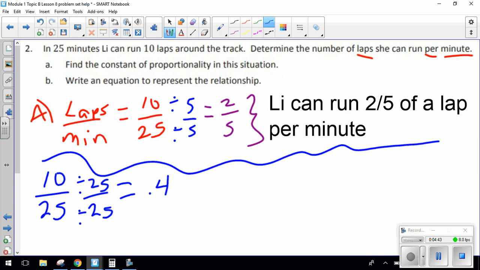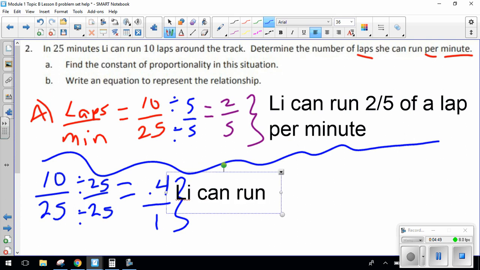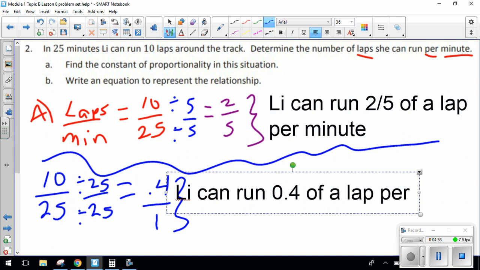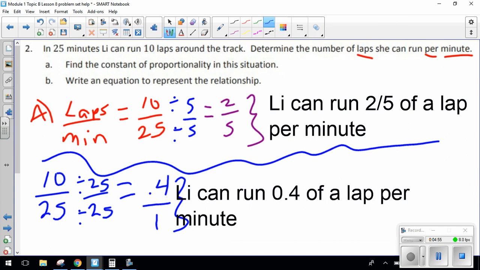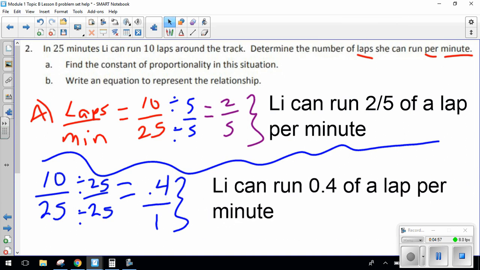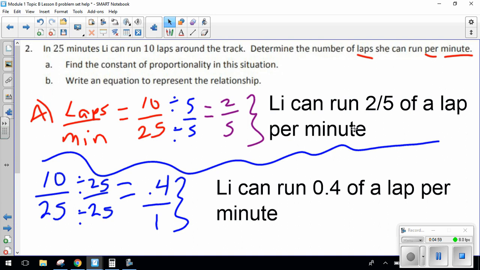So 0.4/1. And what does that mean? That means Lee can run 4/10 of a lap per minute. You are saying the same thing. The only difference is up here you're giving me the fractional version, and down here you're giving me the decimal version. So either one is okay.